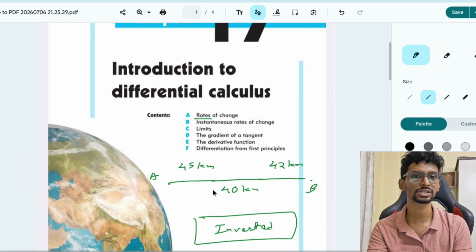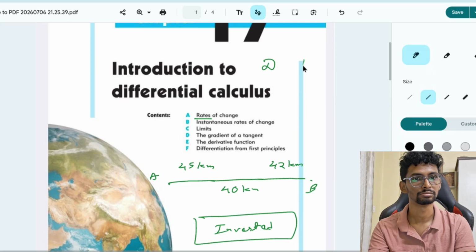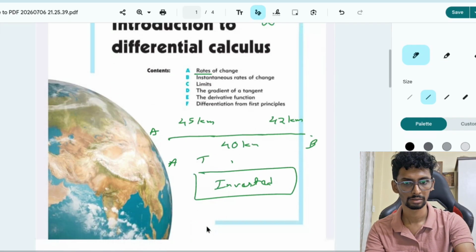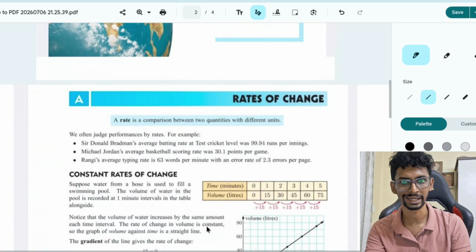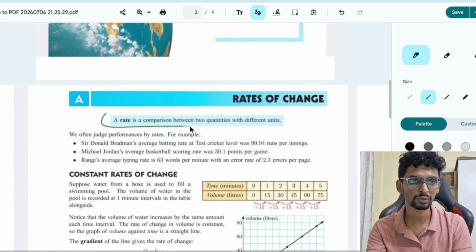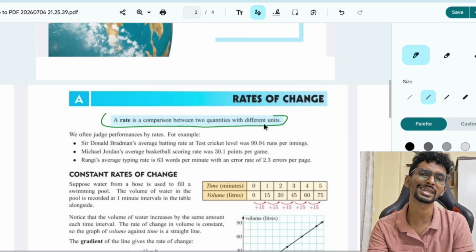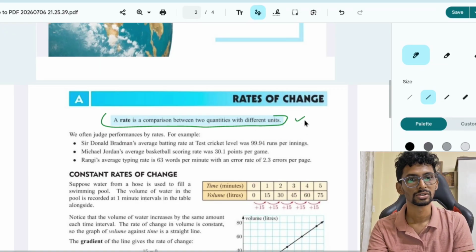For example, in the first case I am comparing distance with time, and in the other one I am comparing the amount with time again. See, rate is a comparison between two quantities with different units. So distance, for example, in kilometers, and time you can take in seconds or minutes. So that comparison is rate.